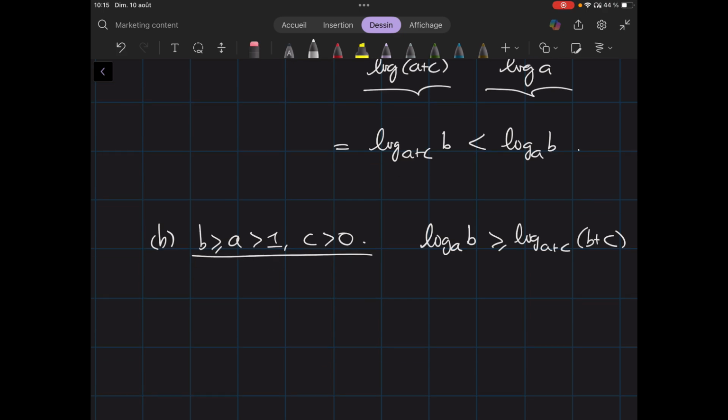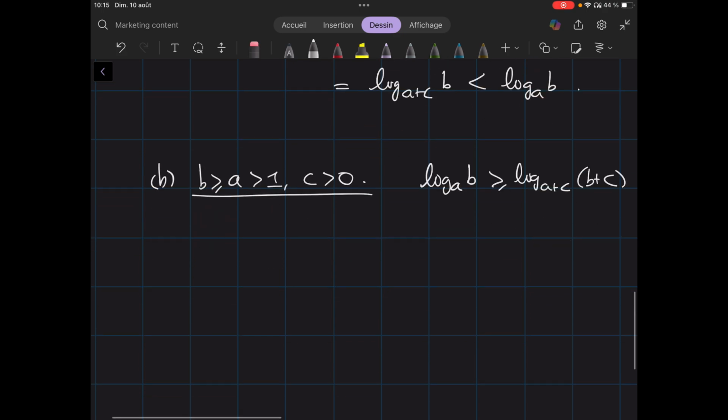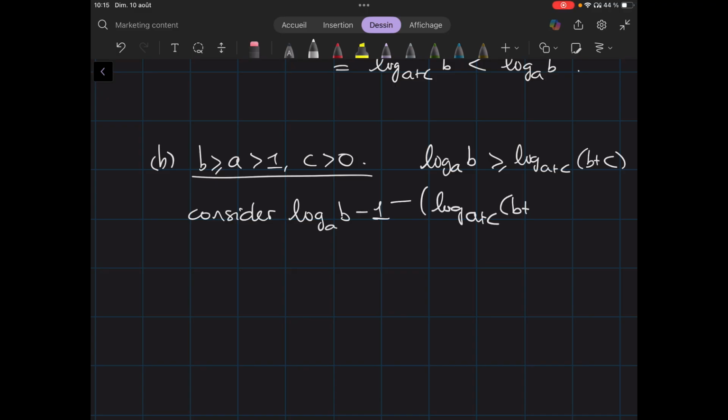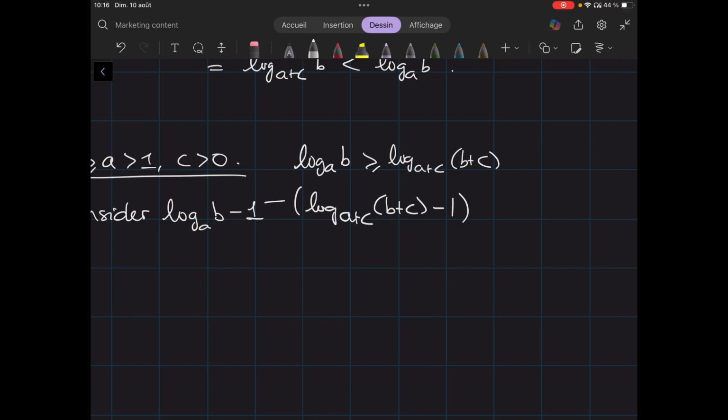It's there for a reason. So let's consider log base A of B minus 1 minus log base A plus C of B plus C minus 1. The reason we want to do this is that depending on the sign of this inequality, we can deduce the final answer.